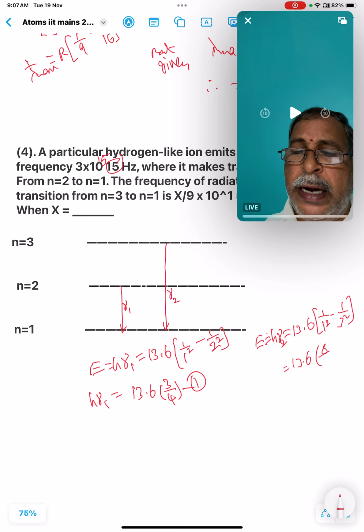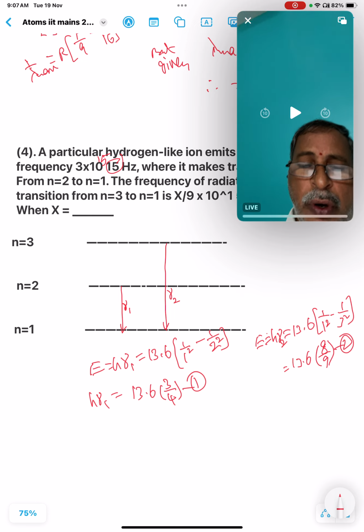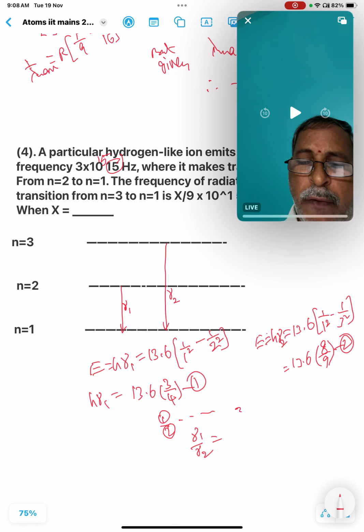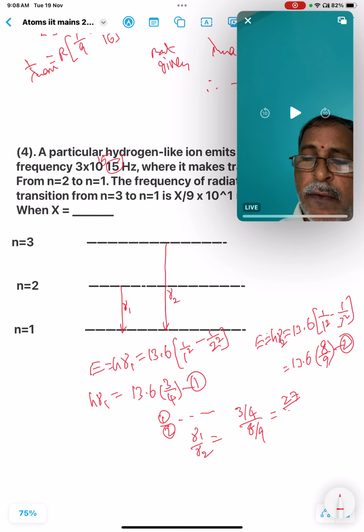This is the second equation. If you solve these equations, nu 1 by nu 2 is equal to 3 by 4 divided by 8 by 9, that is equal to 27 by 32.